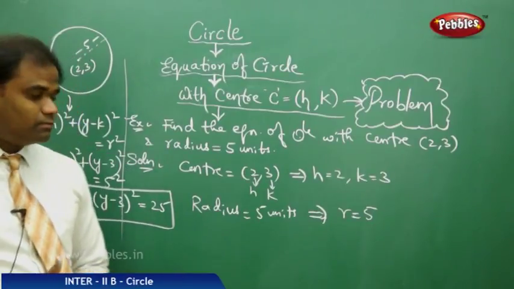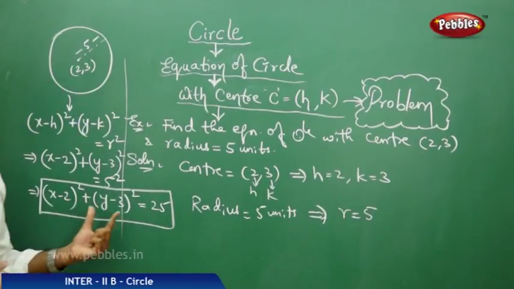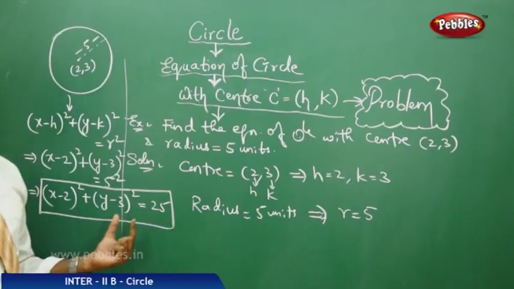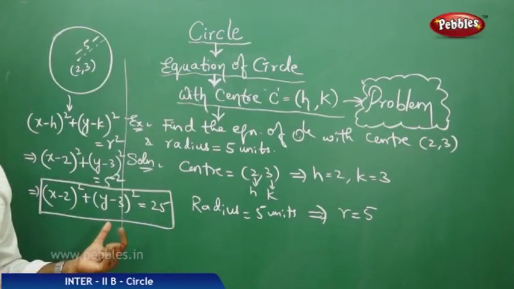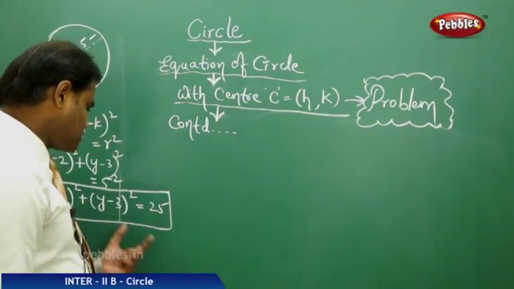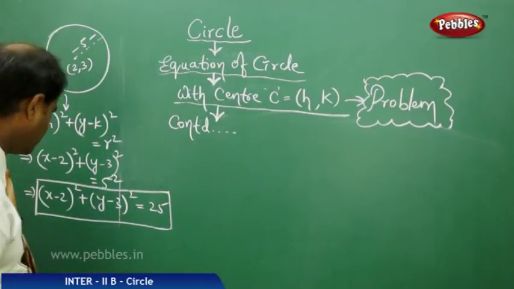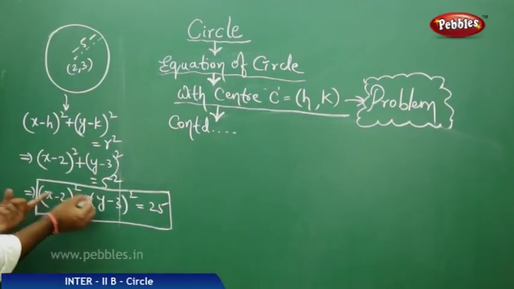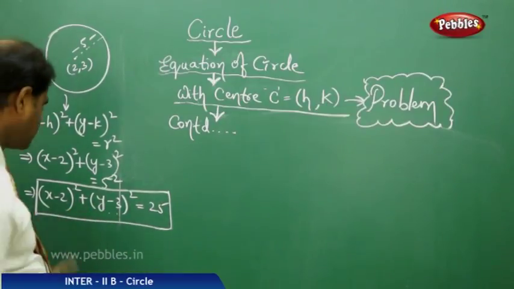But we need to understand that this can be further simplified. I would like to simplify this equation using a minus b whole square for each term.